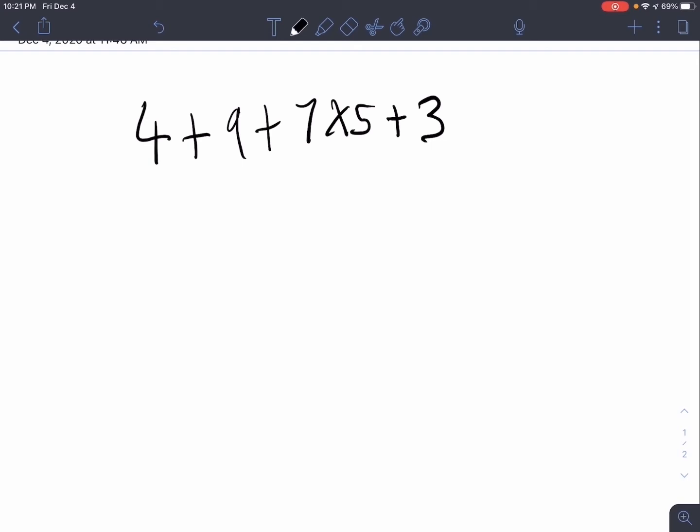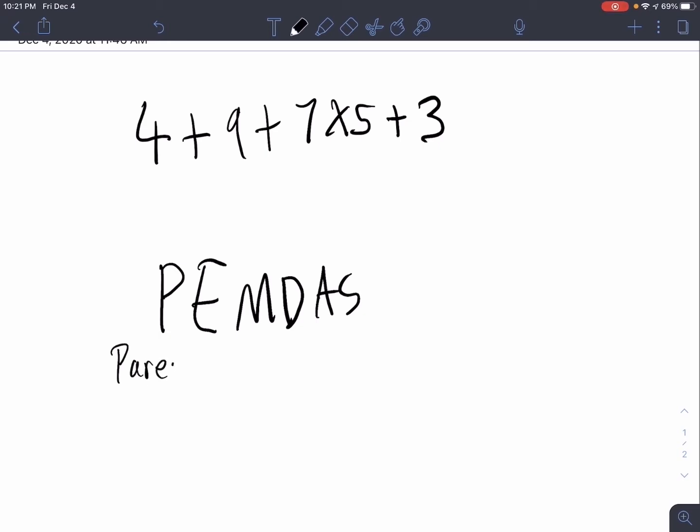I will come back to this problem in 1 second, but let me introduce you to something called PEMDAS. P stands for parentheses, which is the brackets. E stands for exponents.